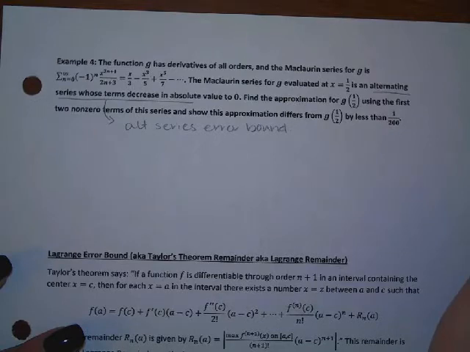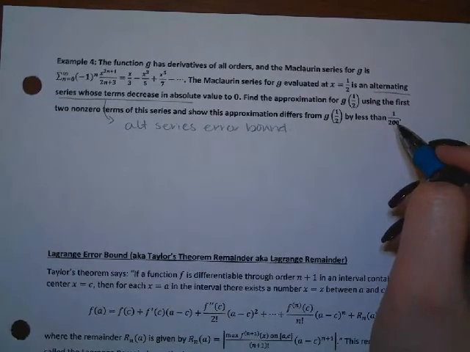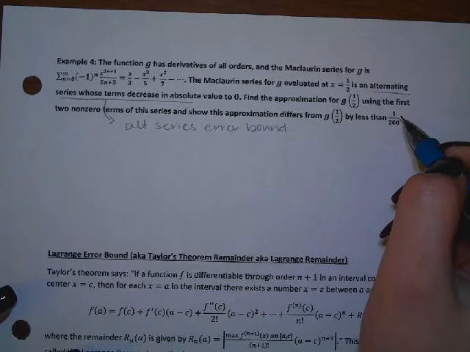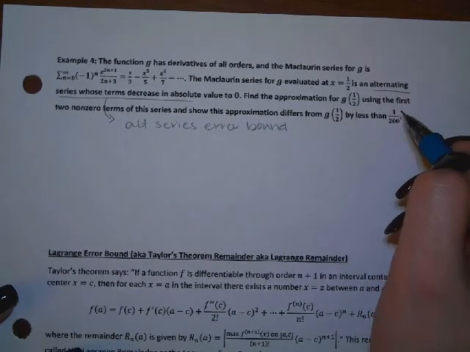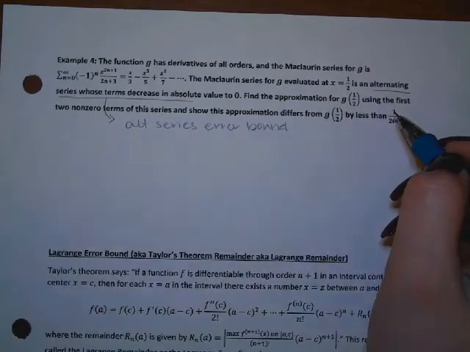G is the series. It's not the whole thing. Well, I guess g, no, you're right. G is the whole thing. But they didn't tell us to use the whole thing. What did they tell us to use? First two non-zero terms, and we're plugging in 1/2.